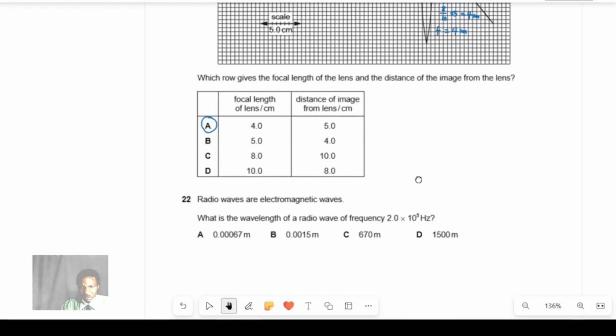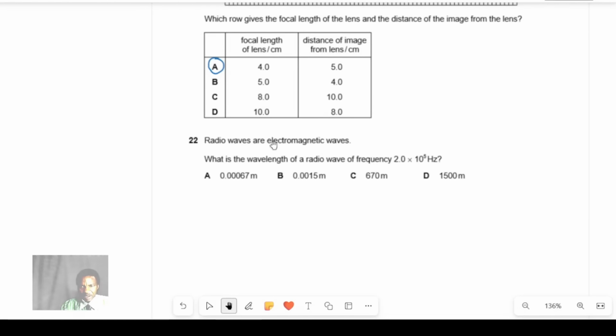Alright, so now radio waves are electromagnetic waves. What is the wavelength of a radio wave of this frequency? So the question here is all electromagnetic waves move at the speed of light, which is 3 times 10 raised to the power 8 meters per second. So that is the only key to this question. So what is the wavelength?